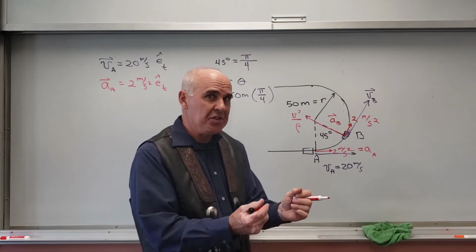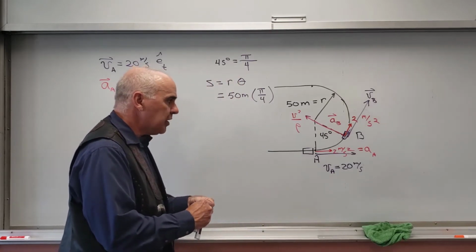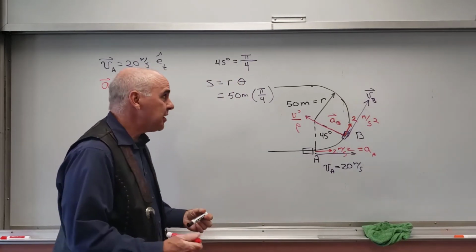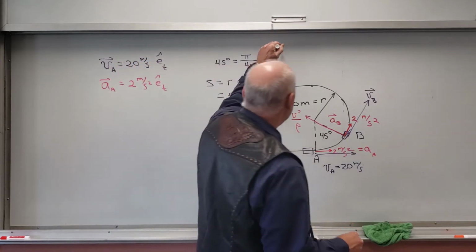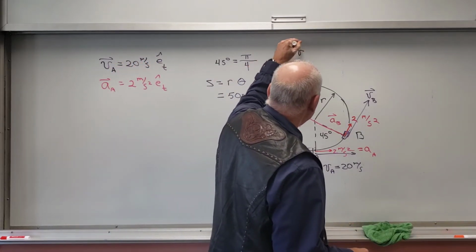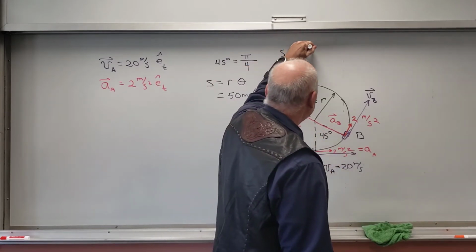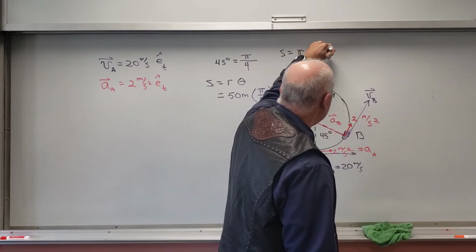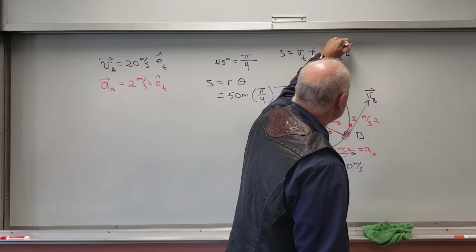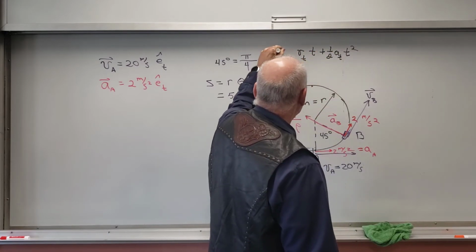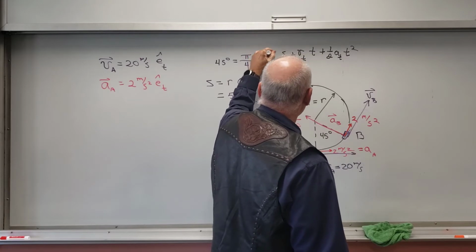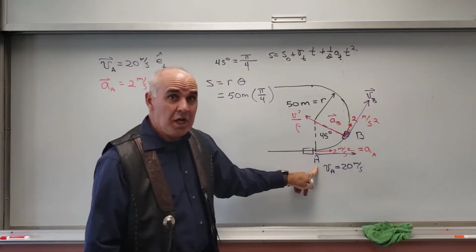So it's really one-dimensional. So I could use one-dimensional kinematics, and one-dimensional kinematics says, hey, s equals v tangential, which it's all tangential, right, times t plus 1/2 a tangential times t squared. And I really need to put in an s naught here, right? So I'm going to assume that s naught is equal to 0.